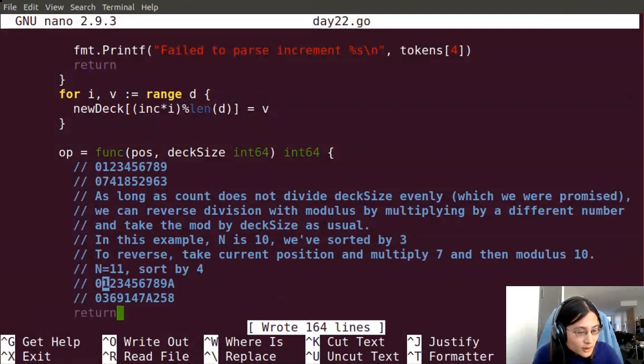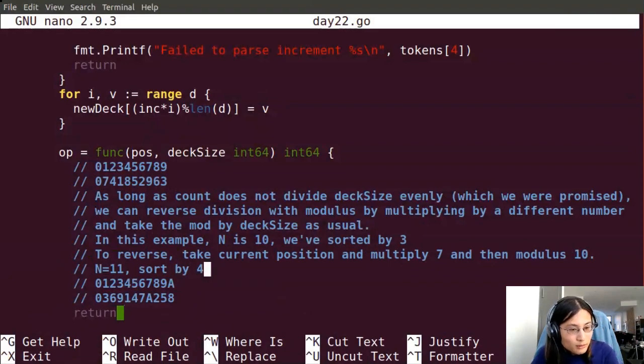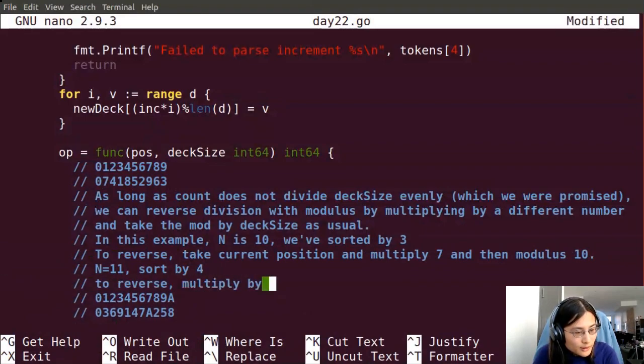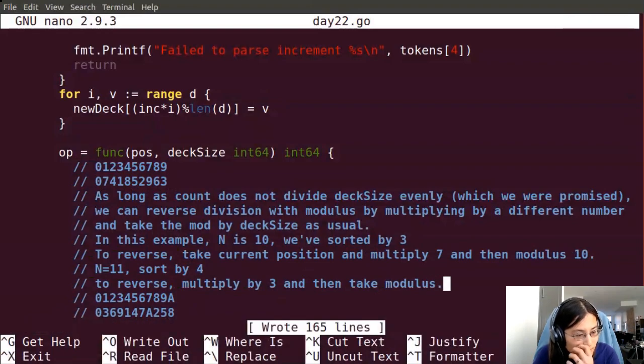Okay, so here is 11 and 4. I happen to know here, it seems pretty obvious that the answer is if you first multiply by 3. It's in position 10. 10 times 3 is 30. 30 mod 11 is 8.